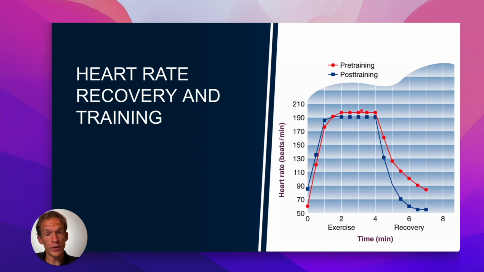But it's not just during exercise that you want to monitor heart rate. Already at rest, heart rate can give you a lot of important information. For example, in this graph you can already see a couple of values, although these will not reflect the true resting values.